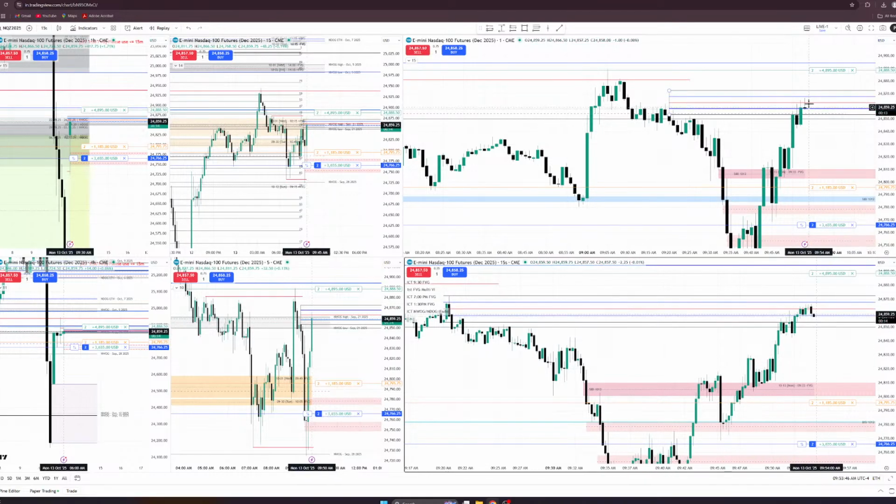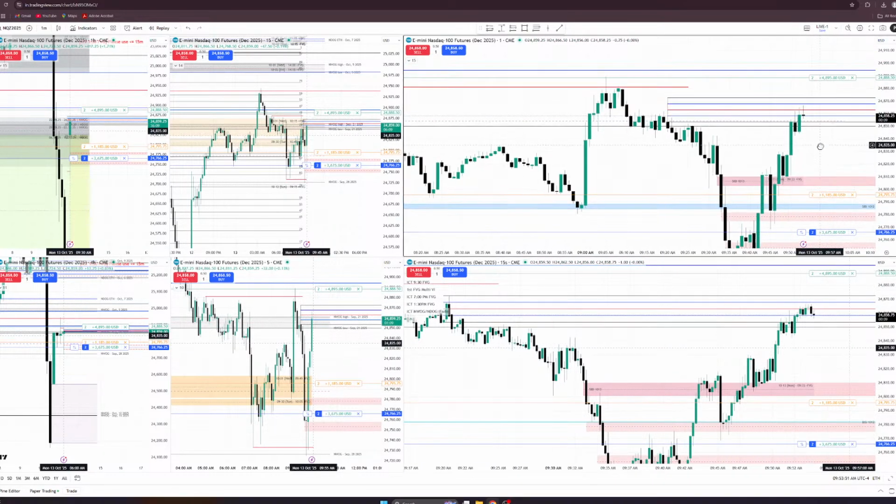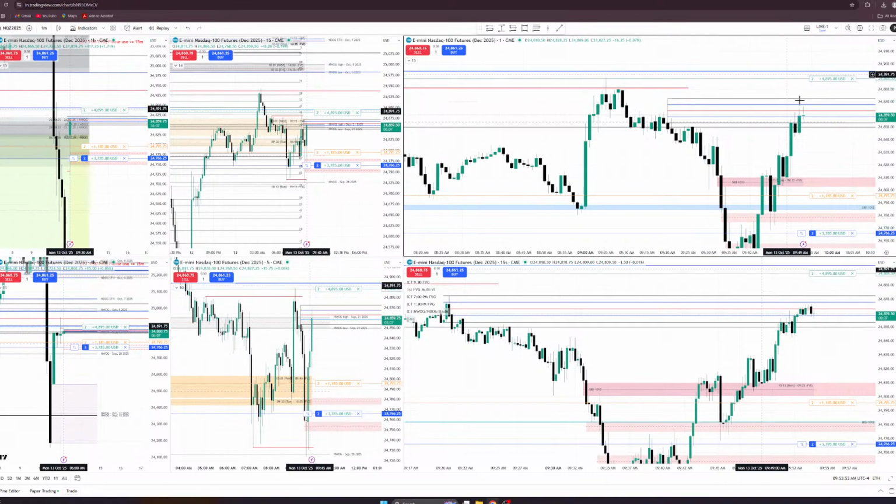You can see price is still struggling to close above 50% of this wick. So we want to see a closure above 50% of this wick for further continuation.